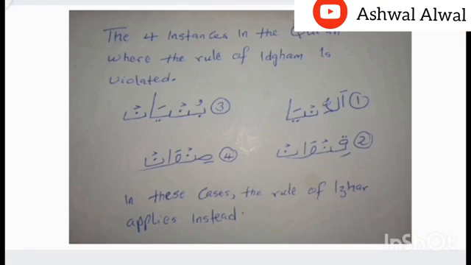And yes, as you can see on the board, we have the 4 instances in the Quran where the rule of idgham is violated. What do I mean here? The rule of idgham, if you can remember, is that it is the merging of 2 letters, and the letters that are to be merged must be contained in 2 separate words.